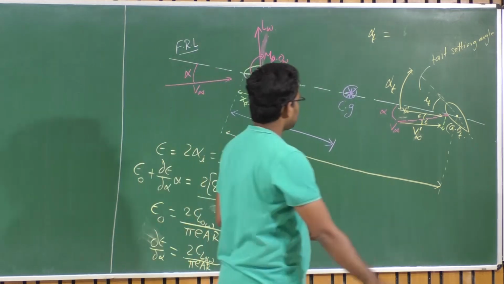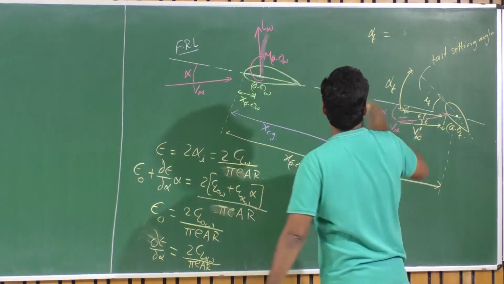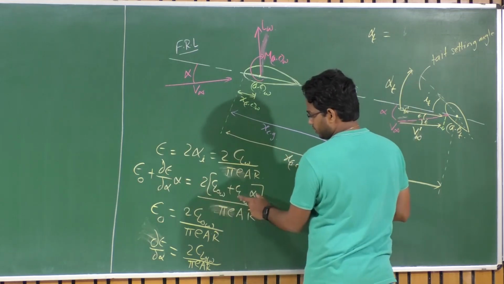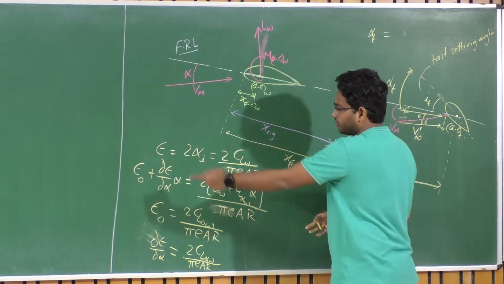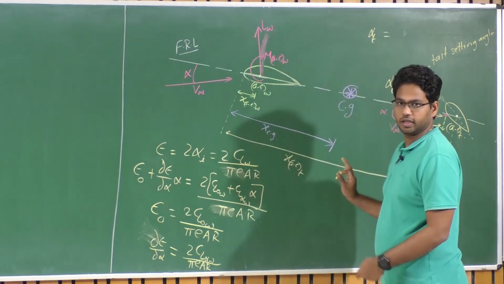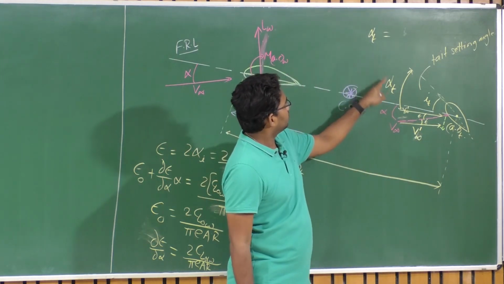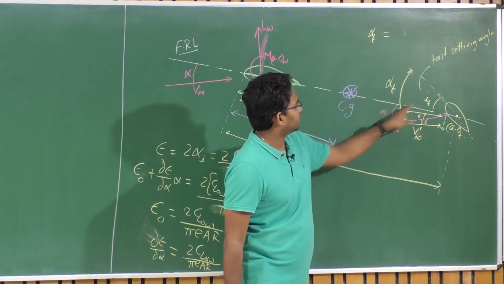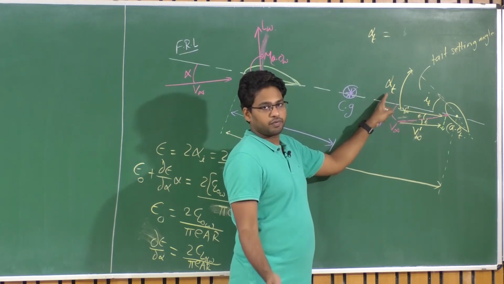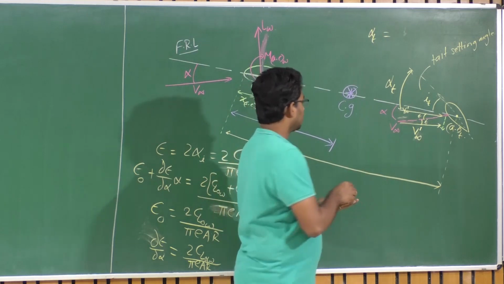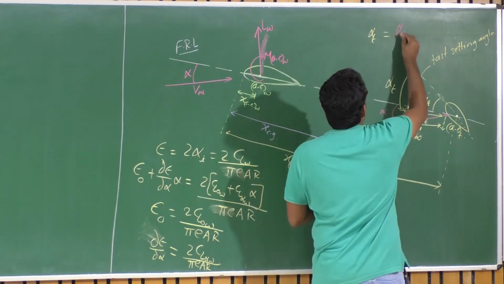Fine. Okay. So once we know CL alpha and the wing geometry, epsilon is also known, and we will be able to find out the induced downwash because of the wing at the tail, right? So now if we know all these quantities, like say i of t, alpha and epsilon, I would like to express this tail angle of attack in terms of these known variables. So alpha t is equal to alpha, right?